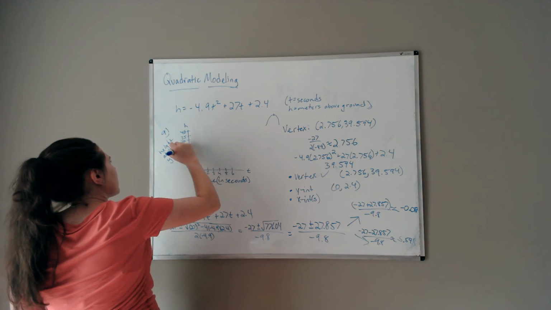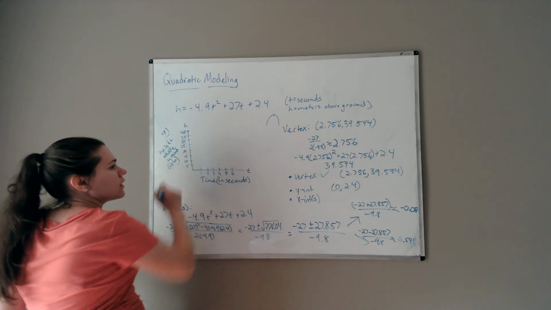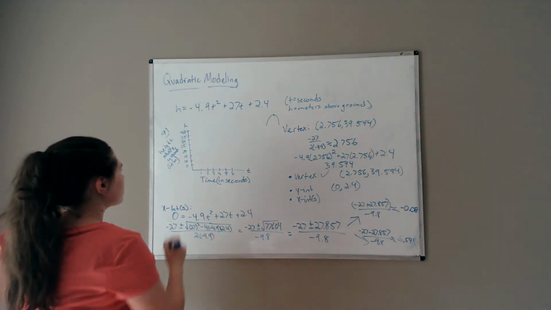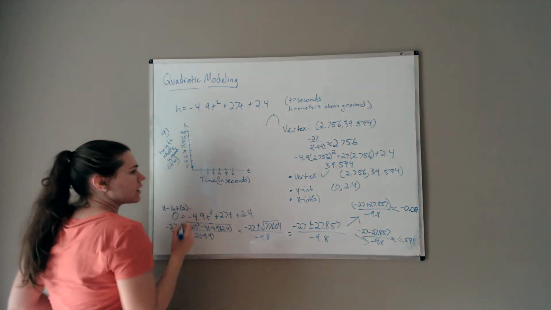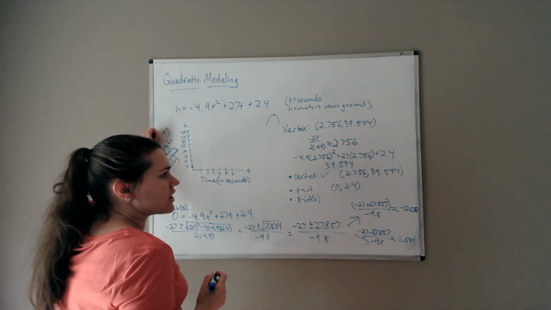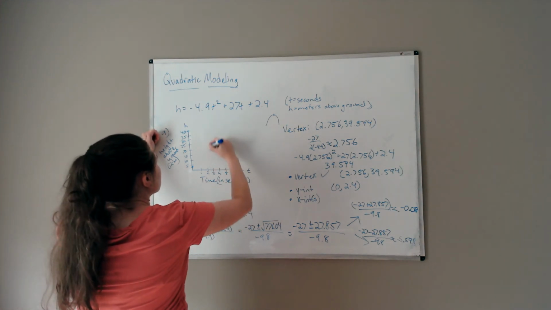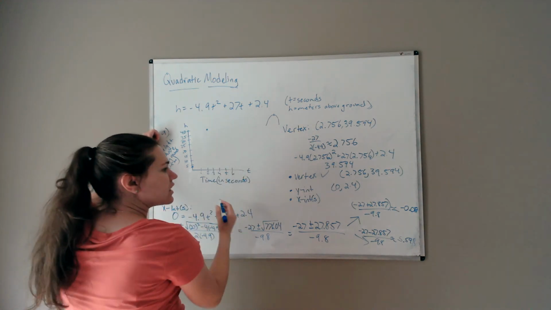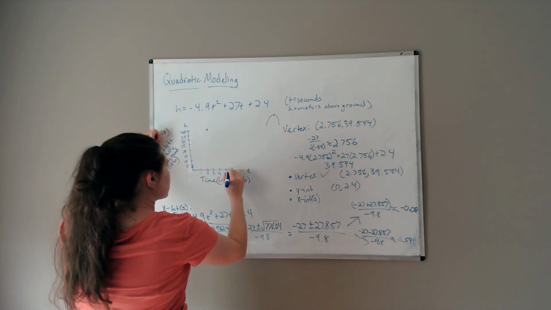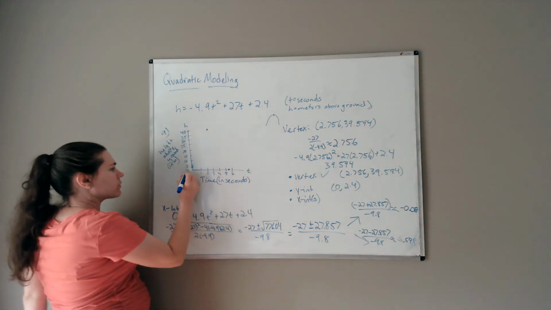Okay, so we plot these. The y-intercept is 0.24. The vertex is 2.756, so it's up here. And then 5.598 over here.